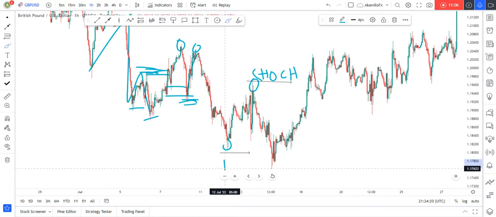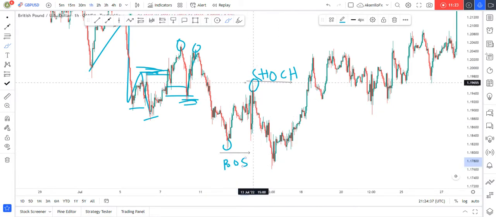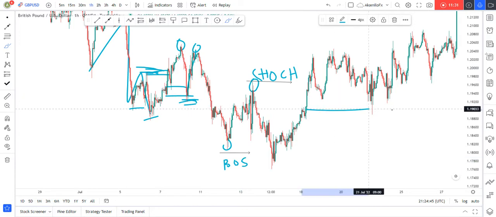So price gave us a BOS here, that is break of structure. When price gives this BOS, it goes and breaks the strong high. So that gives us a Choch. If price gives us a Choch, you will now find your zones here to take a trade.